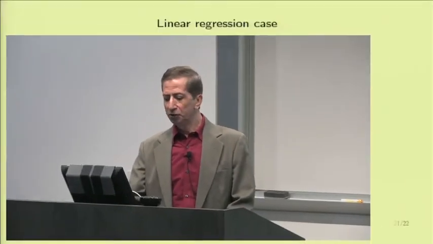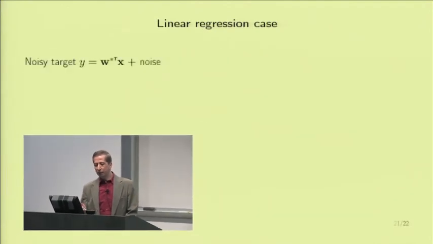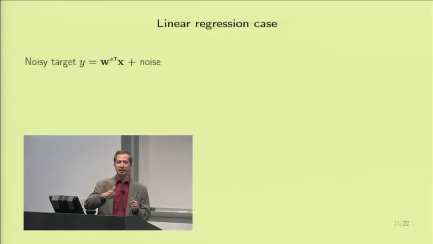So let's start with a reminder of linear regression. For the purpose of simplification, I am going to use a noisy target, which is linear plus noise. So I'm using linear regression to learn something linear plus noise. If it weren't for the noise, I would get it perfectly, since it's already linear. But because of the noise, I will be deviating a little bit.